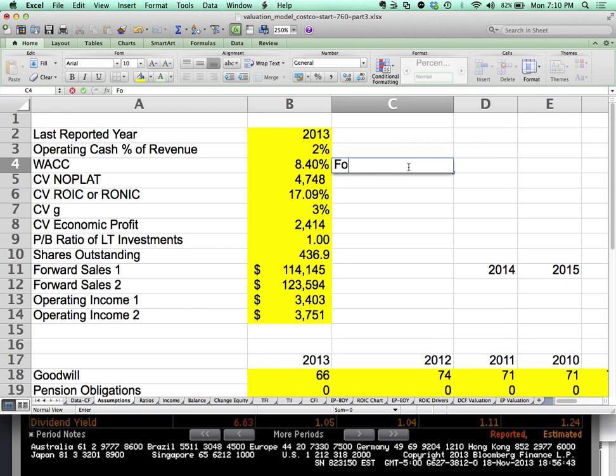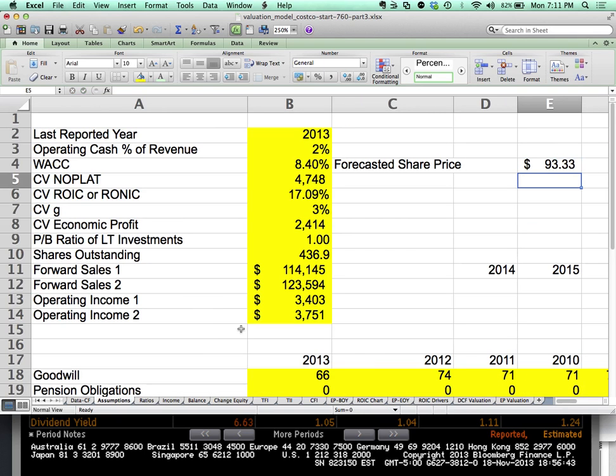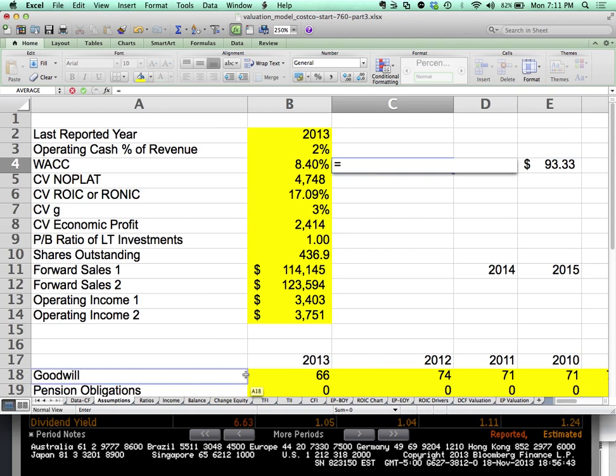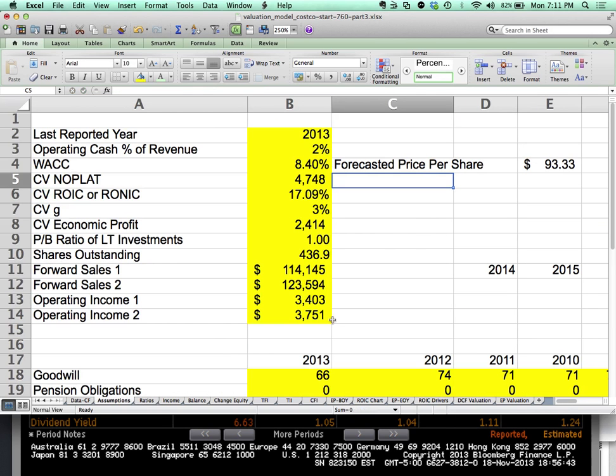And just so I can see how this will affect my share price, I'll put in my forecasted stock price right here, which matches the one on the Ratios tab. In fact, I'll make that consistent, forecasted price per share. Just so as I change things on the Assumptions tab, I can also see what the impact is on the stock price. Right? But here's the point.